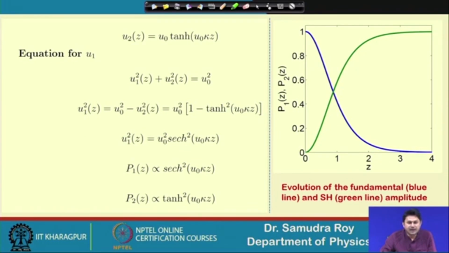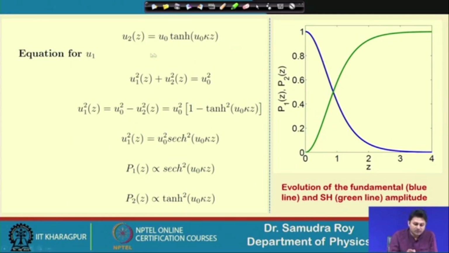But if the generation of second harmonic is high, or the efficiency of conversion of energy is very high, then we should not take this kind of approximation. And this calculation we are doing right now is the correct approach to find out the most realistic form.